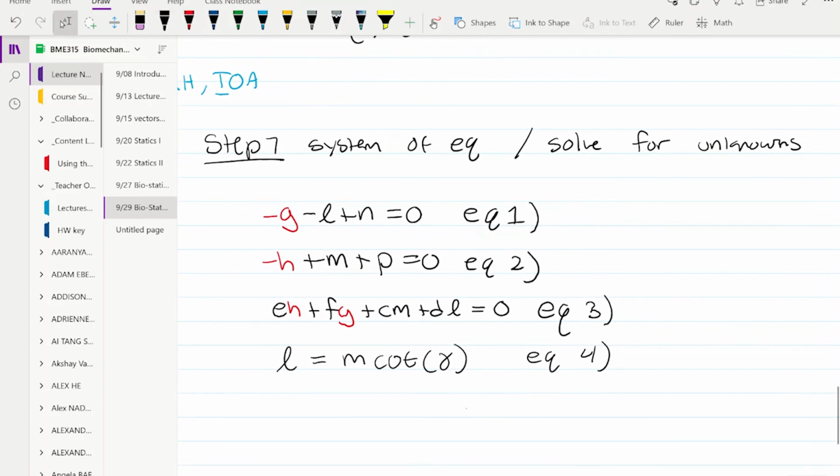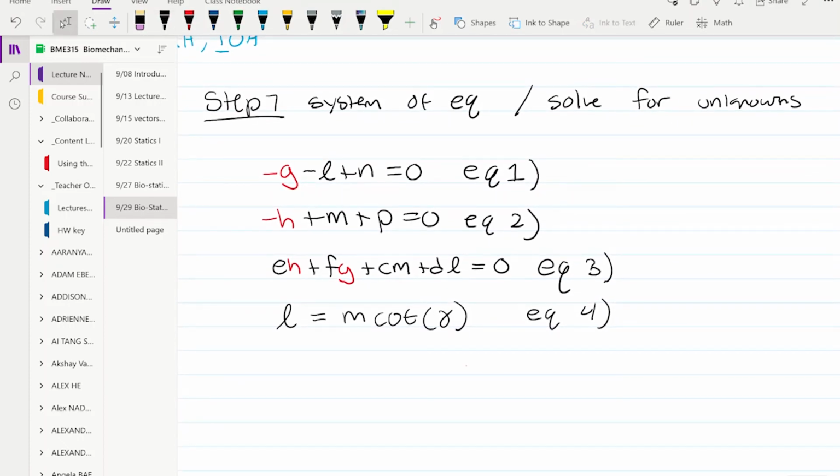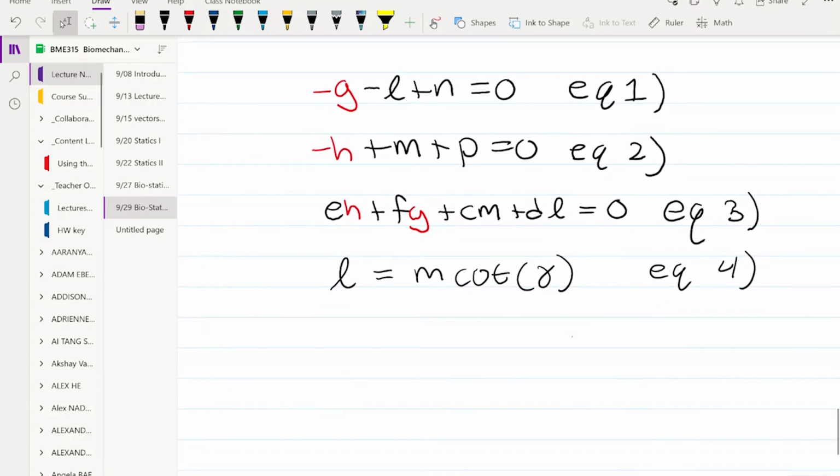And now let's identify the easiest path to going through and solving for all of these different equations. One easy way is to take this and plug it in somewhere else.